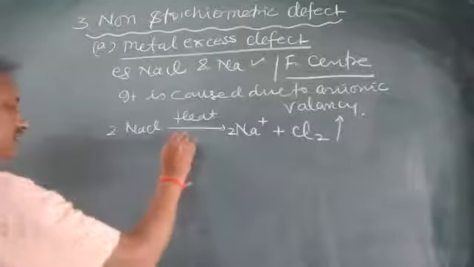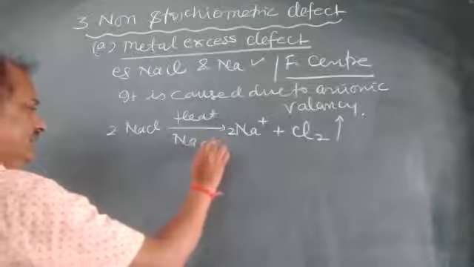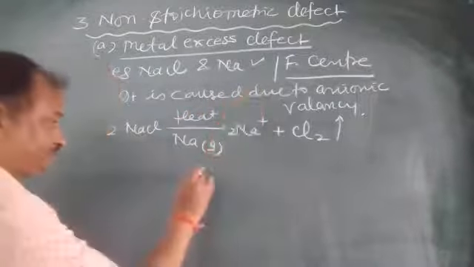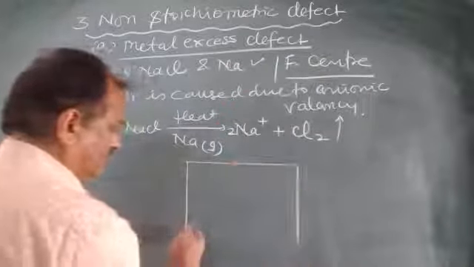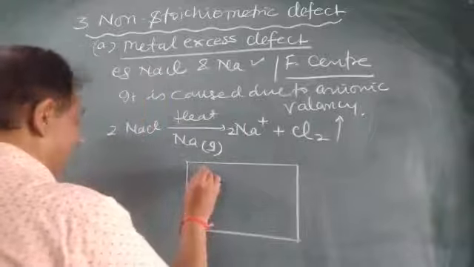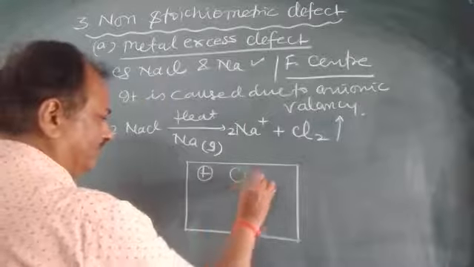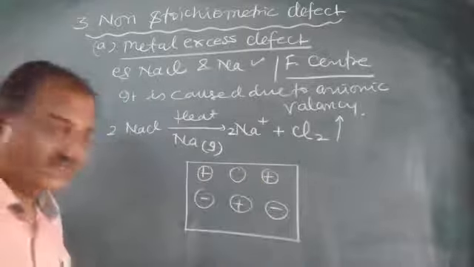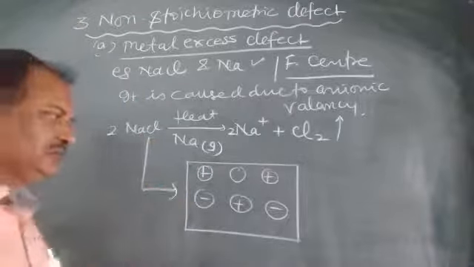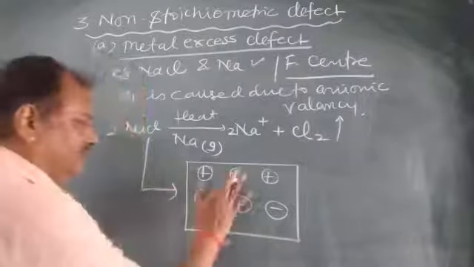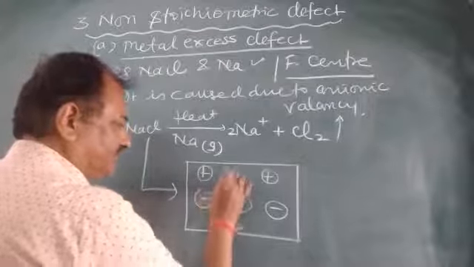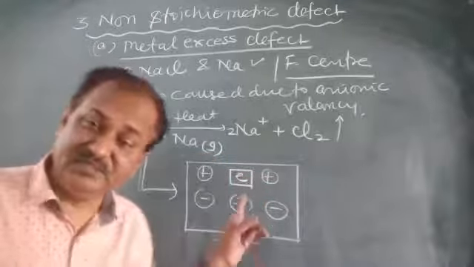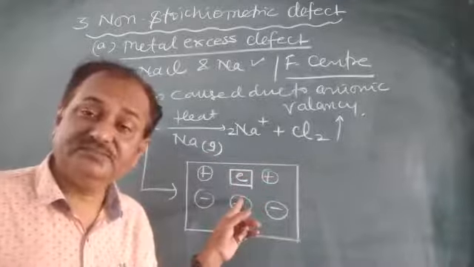Here we are heating with sodium gas, and if we draw the lattice here, again the same pattern, plus minus, plus minus. Now if any position is lost, this position is captured by the electron.